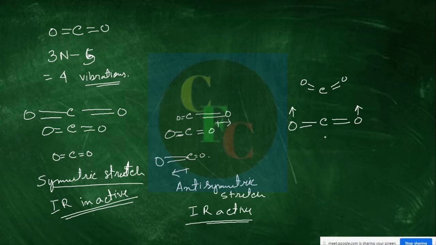So it's going either this way or this way. So as you can see, there will also be a change in dipole moment here. So as such, this is also IR active, and this is called bending. Okay.